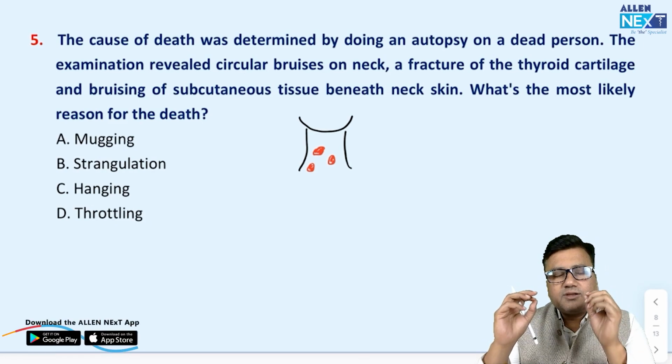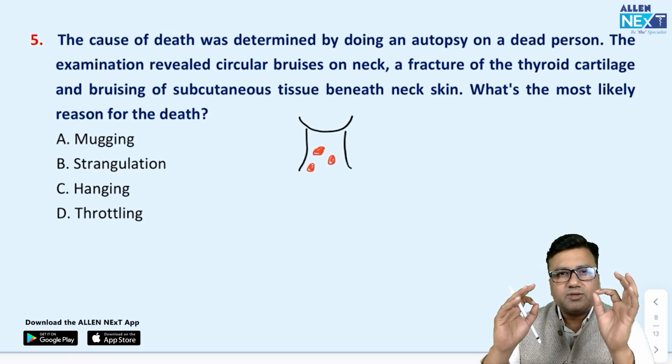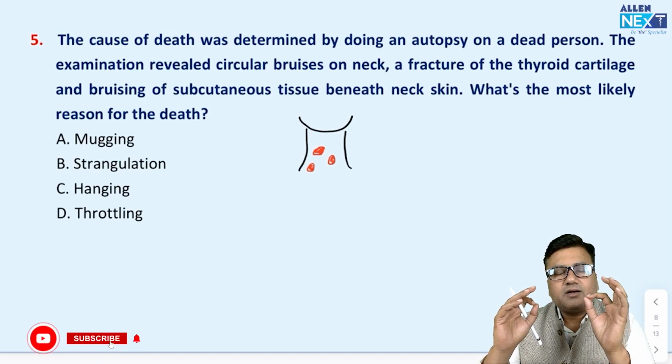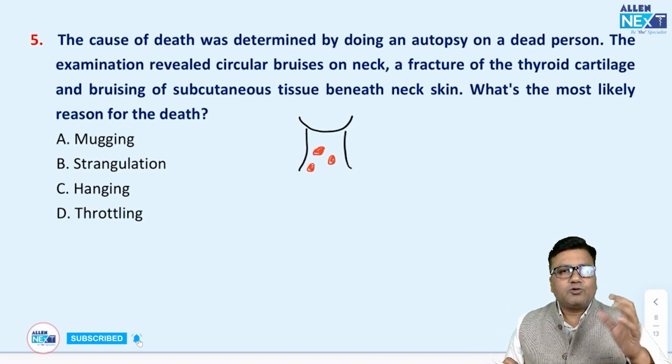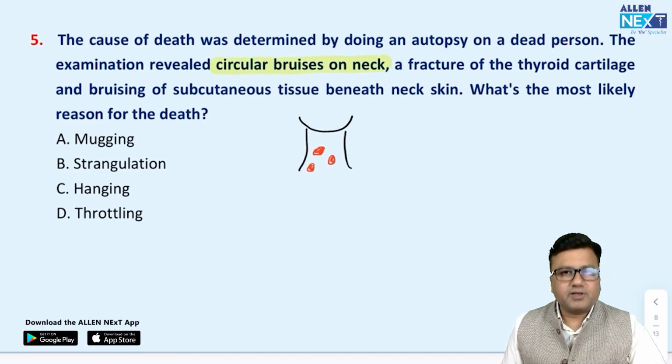Now, what is the most important clinching factor which is given in the question? Something that can really take you or jump you towards the answer is the circular bruises on the neck.